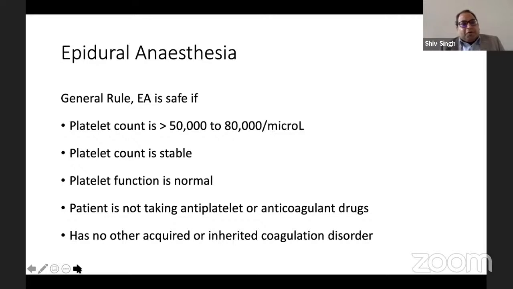It's important to rule out that the patient is on any antiplatelet or anticoagulant drugs, and that there are no other acquired or inherited coagulation disorders. So count, function, and quality are important parts of epidural anesthesia, and count is just one of the numbers you are looking at.